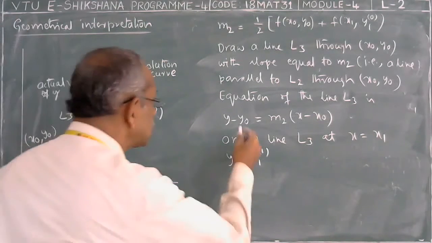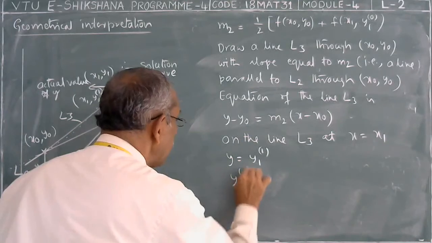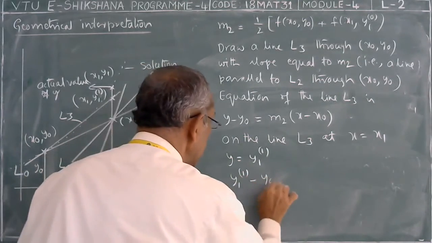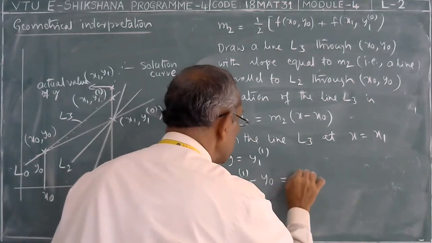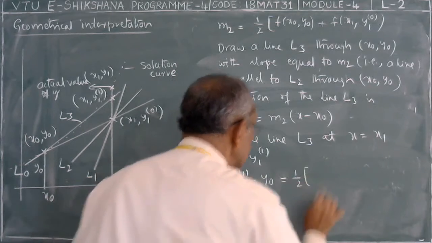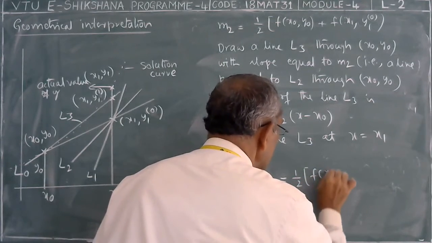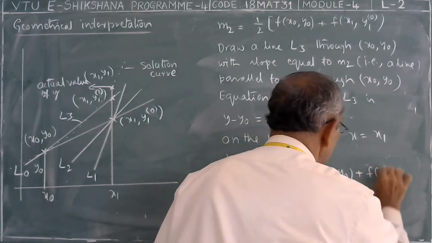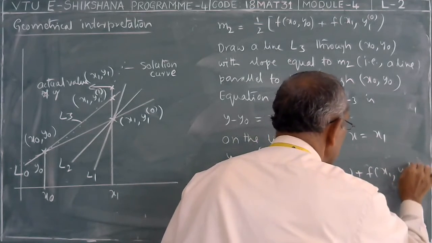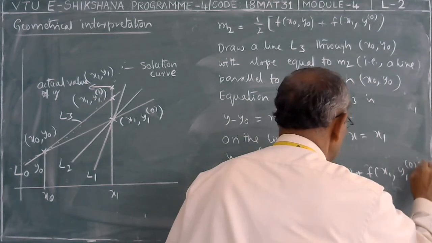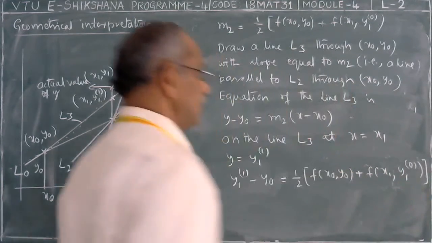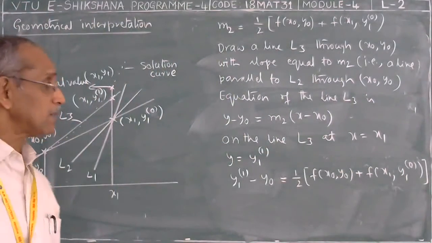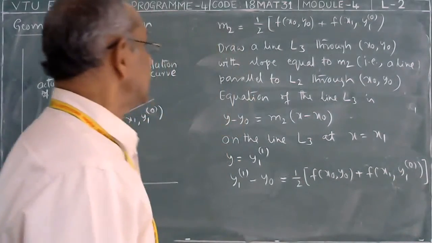Okay, so substitute. So y1 1 minus y0 is equal to m2, where m2 is 1 by 2 into f of x0 comma y0 plus f of x1 comma y1 0. That is the average, into x1 minus x0.